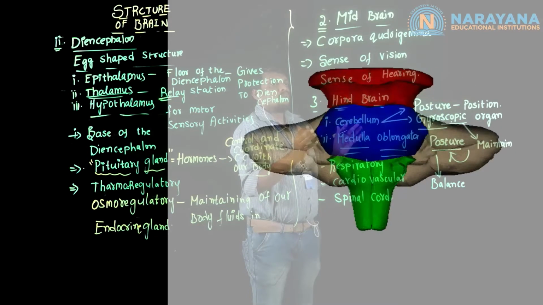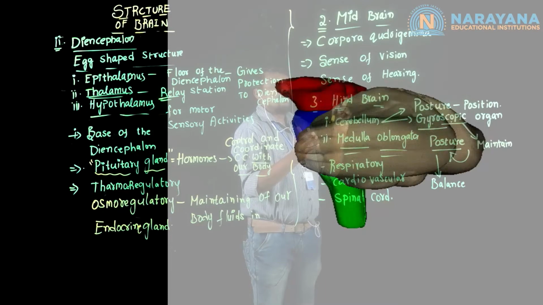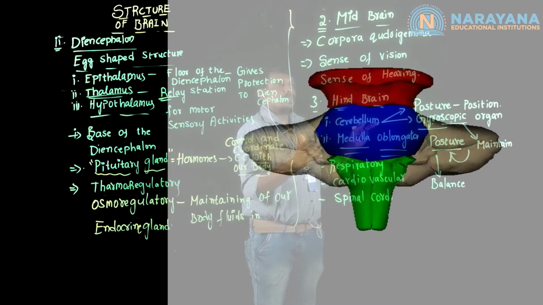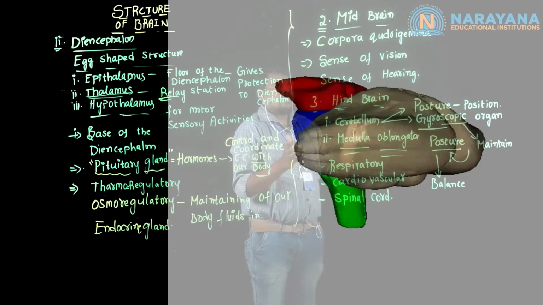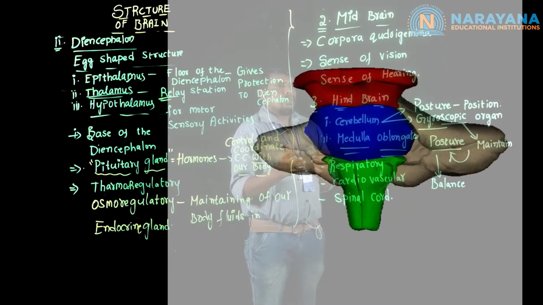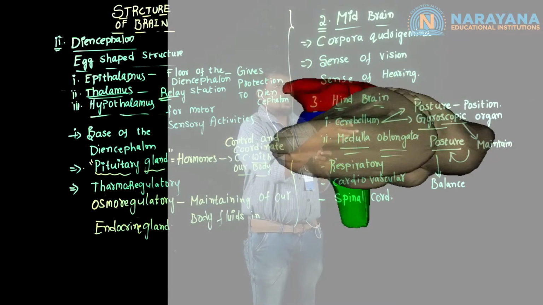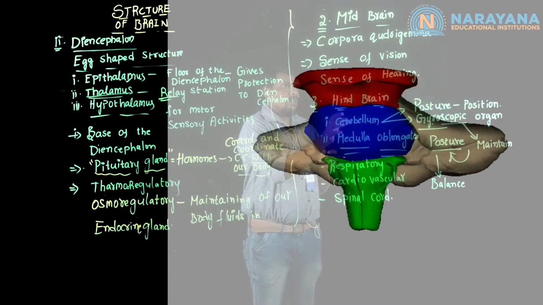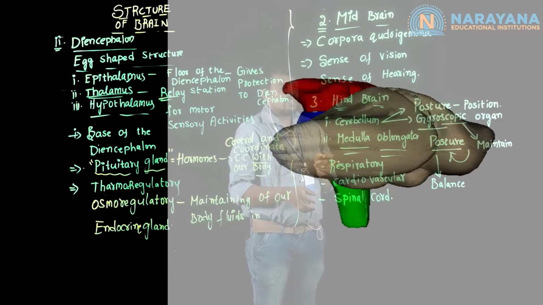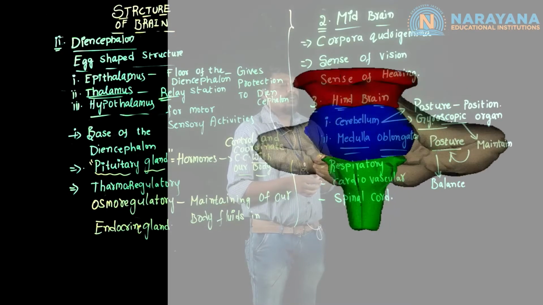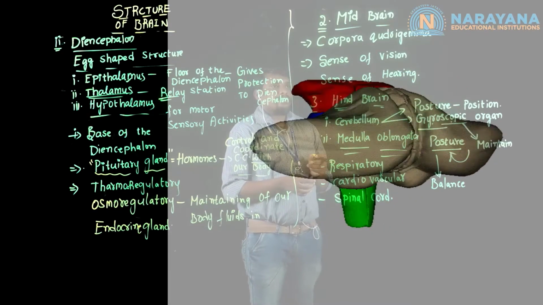And around this medulla oblongata, you can see the cerebellum. This is called the cerebellum. Clear? So below the cerebellum is attached a soft mass, stem-like structure, which is considered as the medulla oblongata.